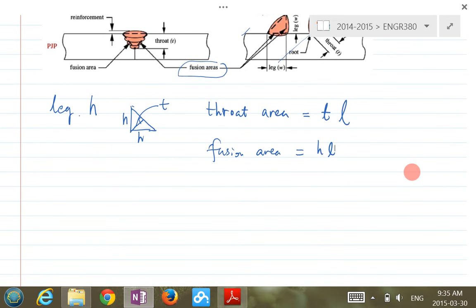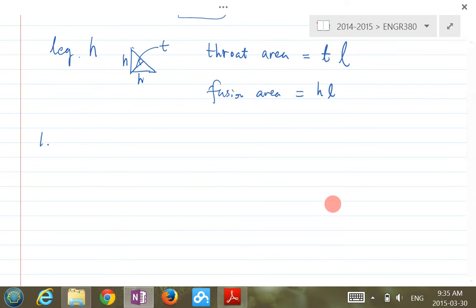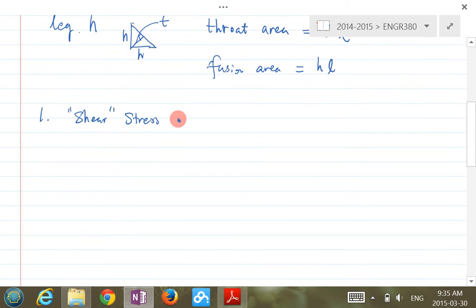Then we compare the two, so we get a safety factor or design parameters. The first topic we're going to look at is the so-called shear stress. Then we'll explain why we only consider the shear stress on welds and welded joints.